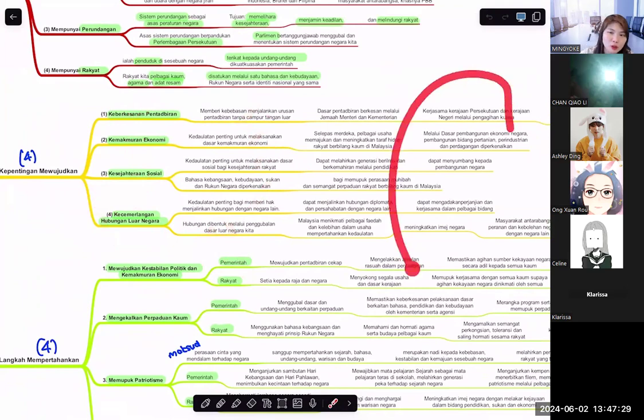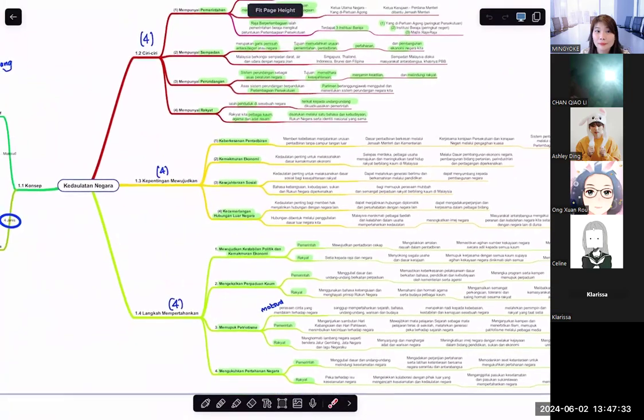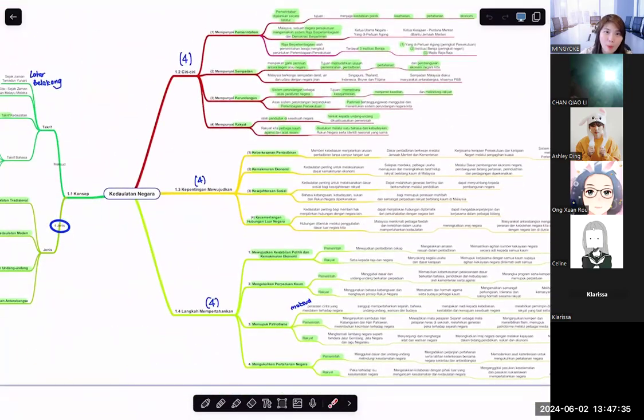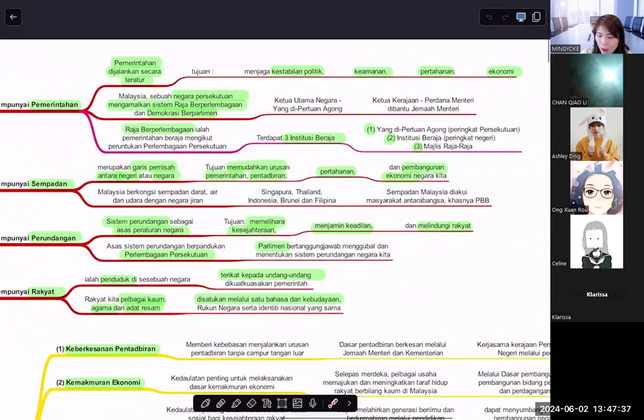It means that you do not need to memorize every single thing. Understand? Approximately, if for example here got 1, 2, 3, 4, 5, 6, 7. 7 cannot be 8 marks. Meaning maximum they will ask about sempadan only 4 marks. You know what I mean, right?